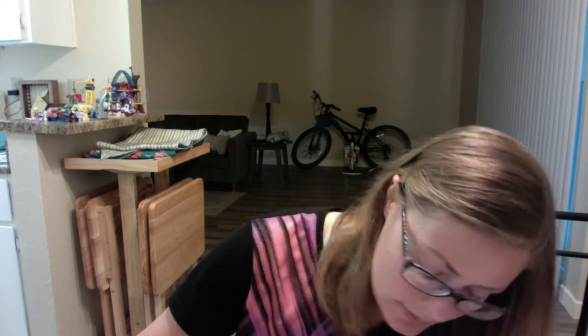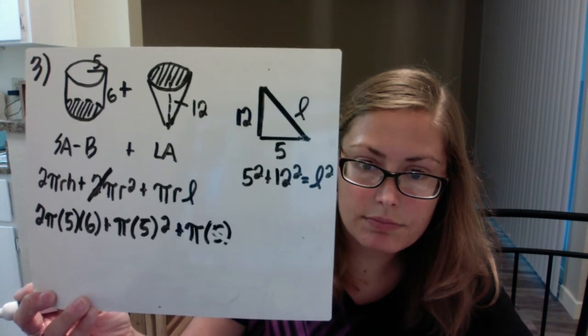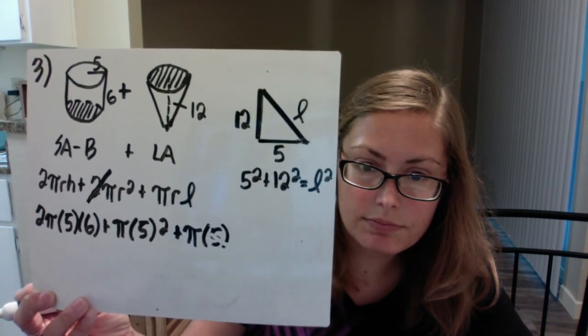Our radius is 5. So we're going to do 5 squared plus 12 squared is equal to L squared. So L is equal to 13.